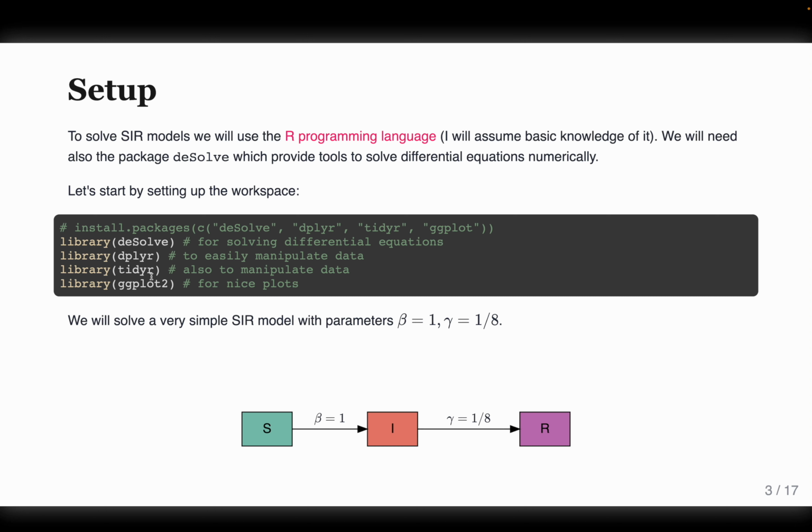We want to solve a very simple SIR model at the moment with, for example, beta equal to 1, so one efficacious contact per day, and gamma equal to 1/8. You can see below the diagram of the model. Just as a note, this diagram is also created using R, using the DiagrammeR package.